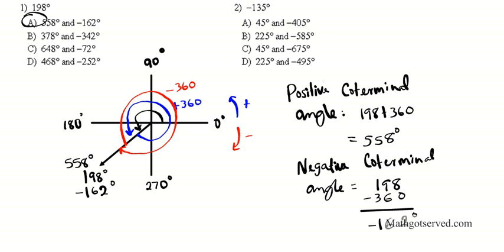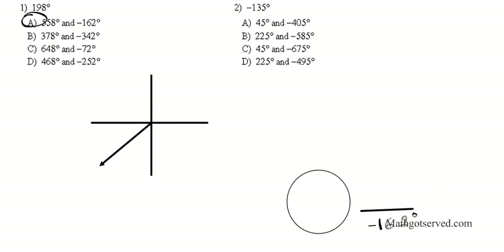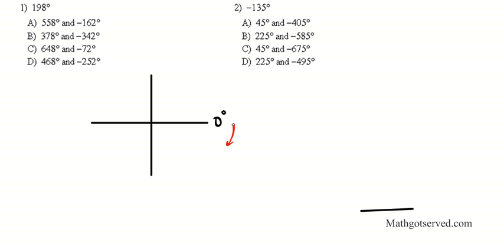For number 2, we actually have a negative angle here that we're looking at. So let's figure out what the terminal side is, and then we'll find the negative and positive coterminal angles for that one. All right, so negative 135. This is 0 degrees. Remember, if you want to go negative, you have to go downwards or clockwise.